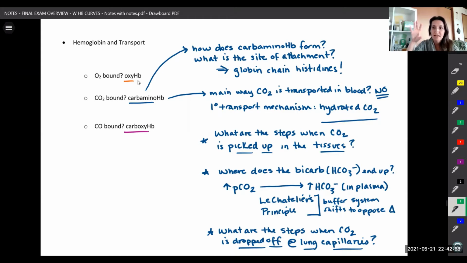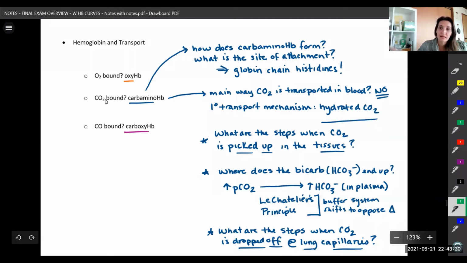If instead we have CO present at high concentrations, and that carbon monoxide begins to bind, it's going to bind at the same binding site as oxygen. It binds to the ferrous iron in the heme, and that will produce carboxyhemoglobin. CO2, when it binds to the hemoglobin, doesn't bind at the iron or ferrous iron binding site within the heme.